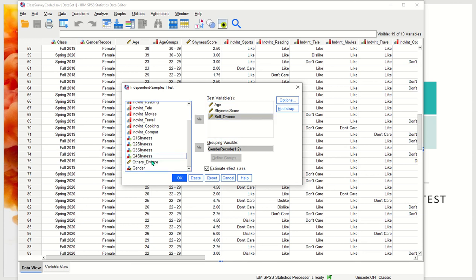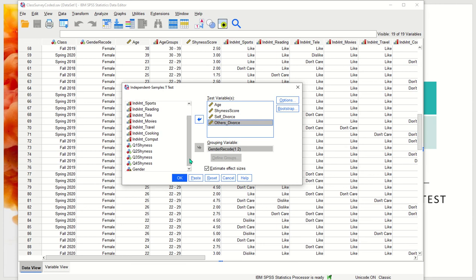And then they also asked what they thought the likelihood of others around their age group would get a divorce in the future between 1 and 100. So we'll put all of them there, and that's all of the indicators that we have here that have continuous data. So that's all we can put in this box.